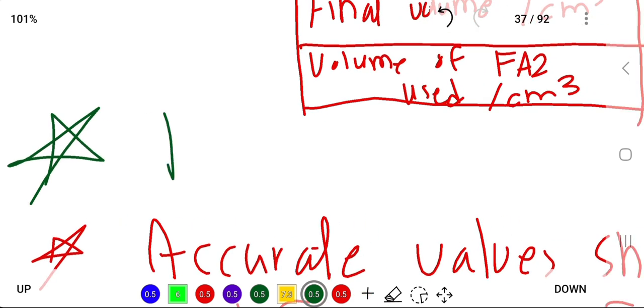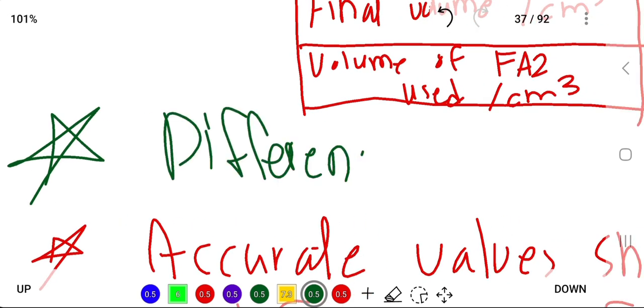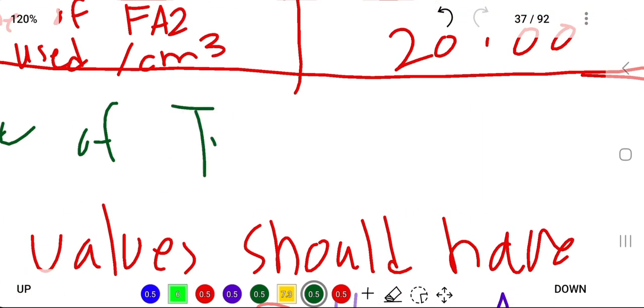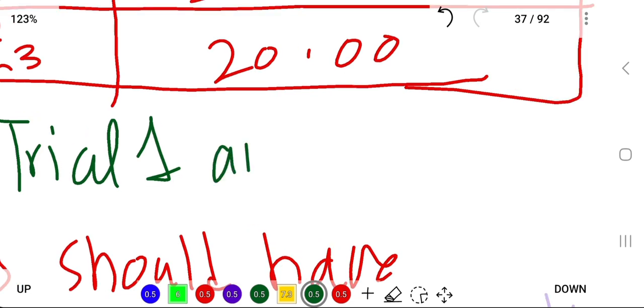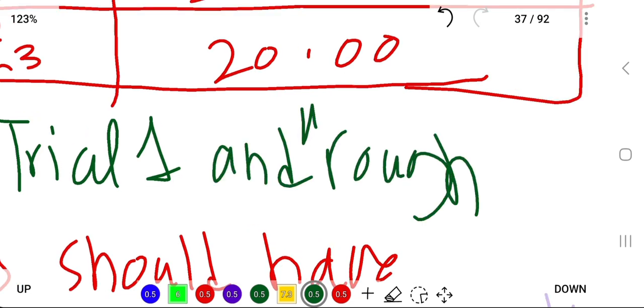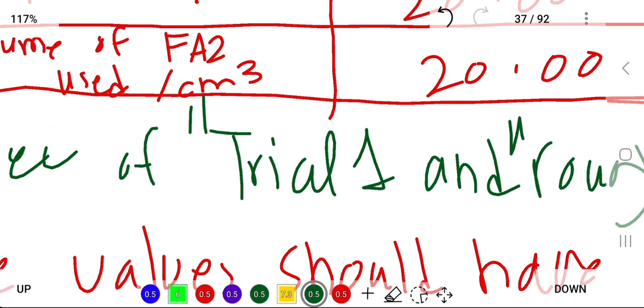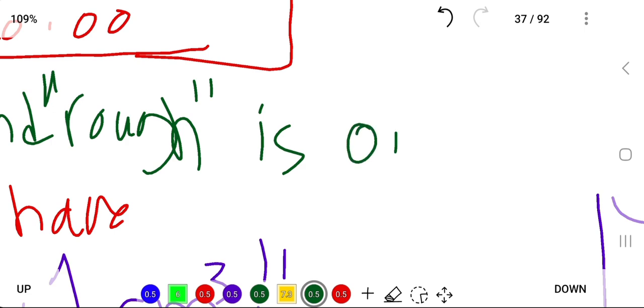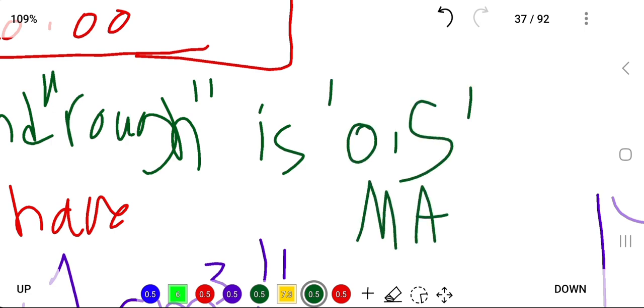The difference of your trial one and rough is 0.5 max.